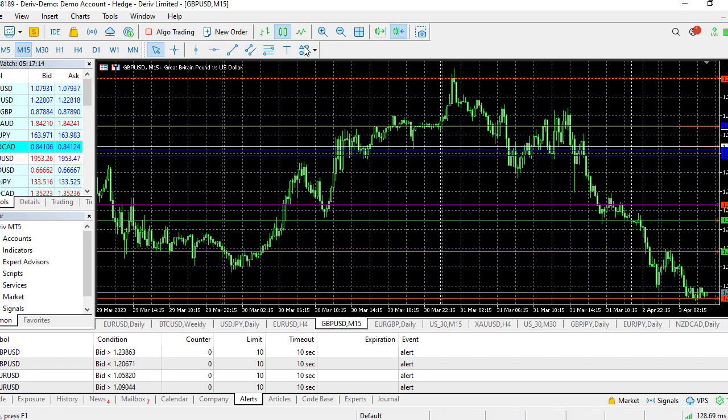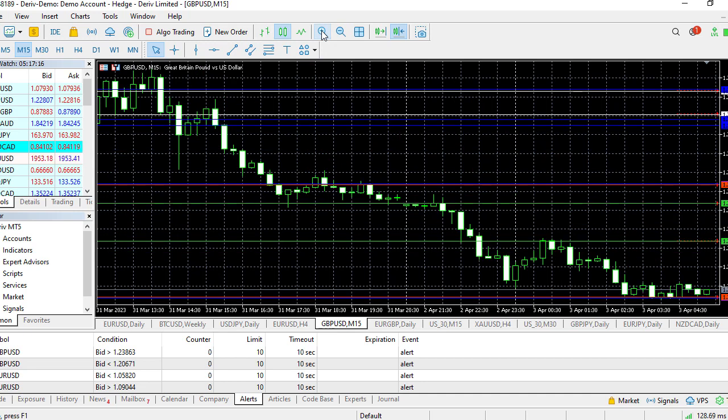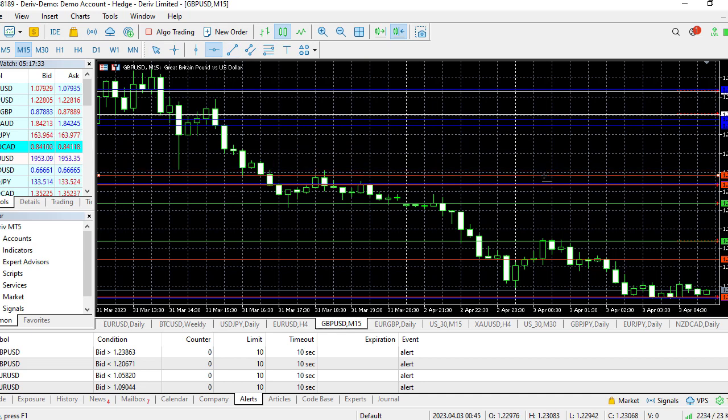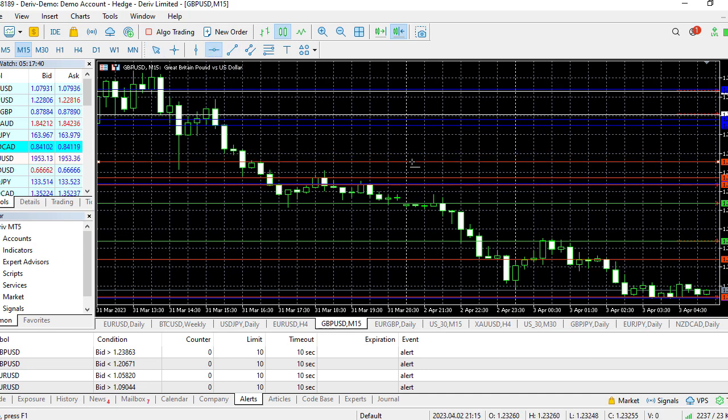So if you want to be a little bit extra with your work for the 15 minutes, you can also line up the 15 minutes levels that are close to where the price is. That's just a little bit extra, giving you a further idea of turning points on 15 minutes.